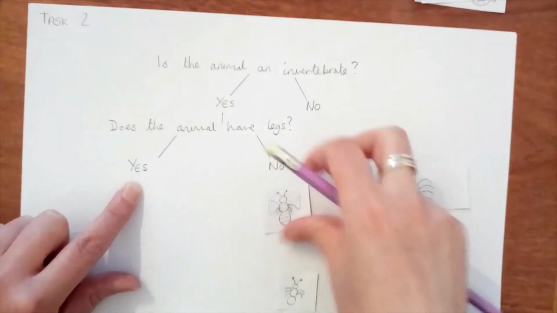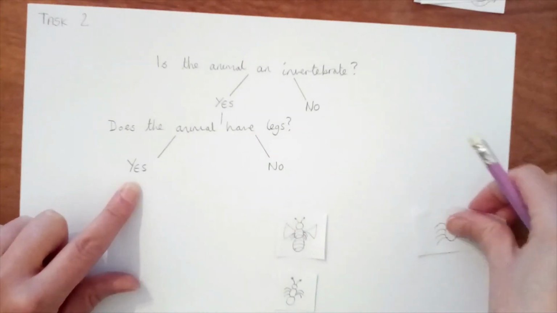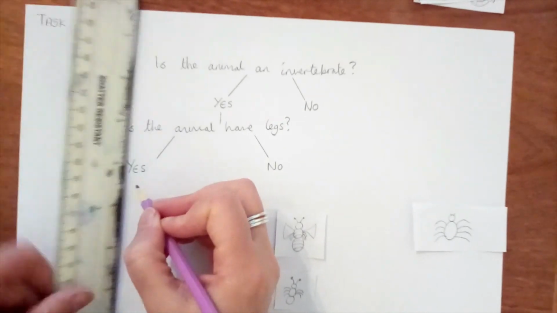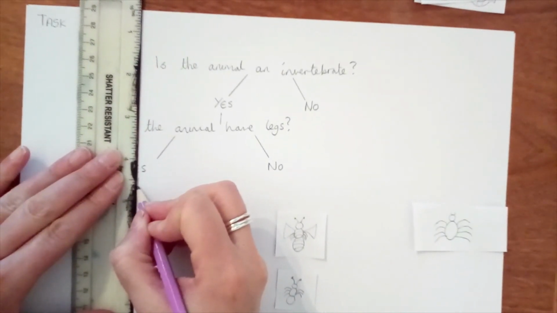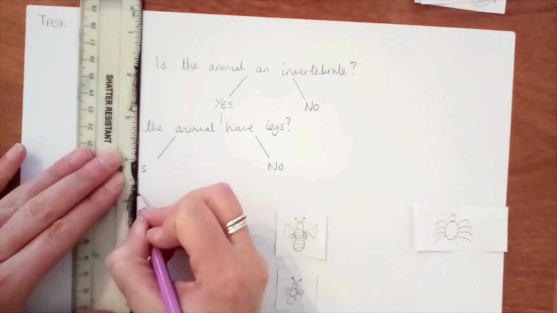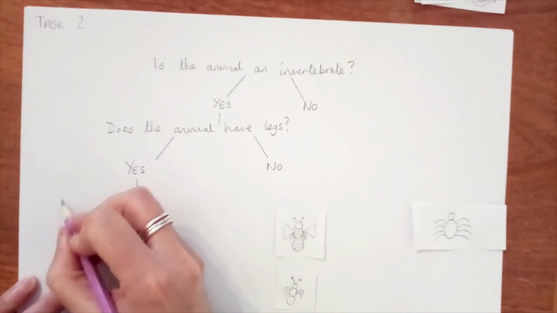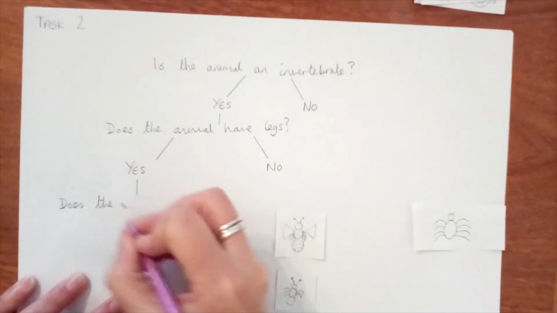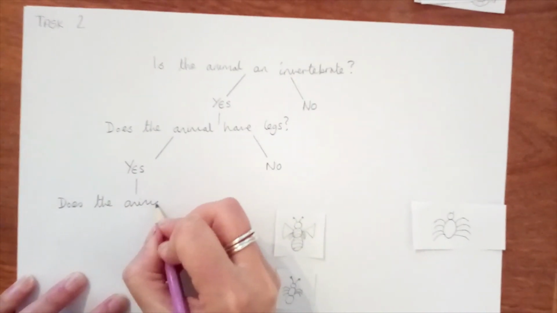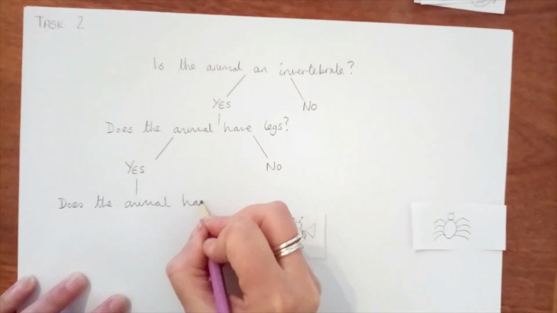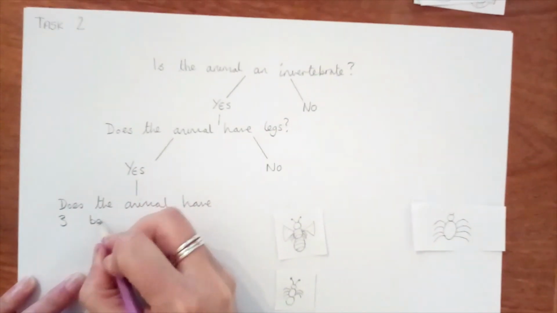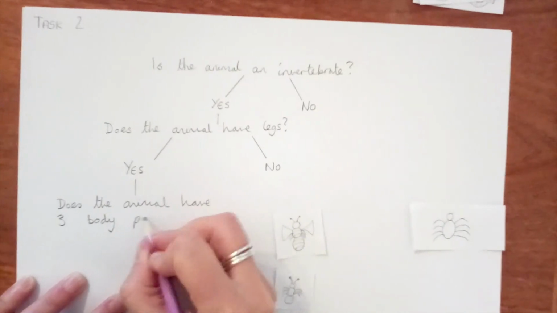So I'm going to say, put my ruler down here. Does the animal have 3 body parts?